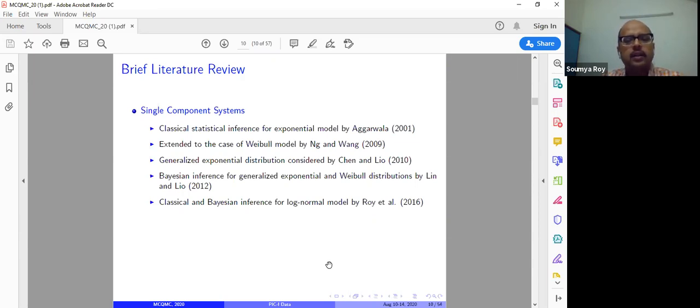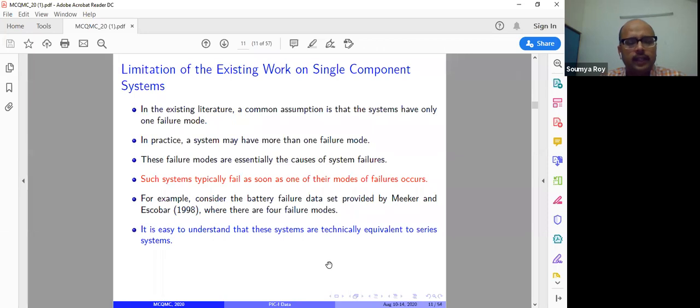Bayesian inference for the generalized exponential and Weibull distribution was considered by Lin and Lio. And then classical and Bayesian inference for the log normal model was considered in one of our papers in 2016. Now, the common feature of all these papers is that they assume that the systems have only one failure mode.